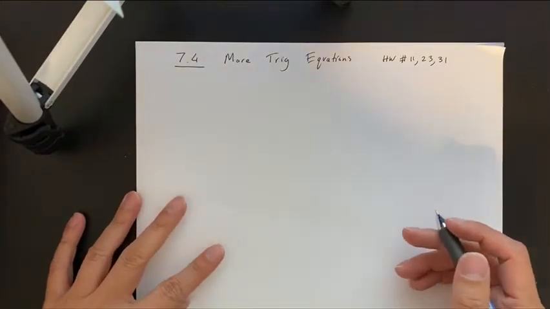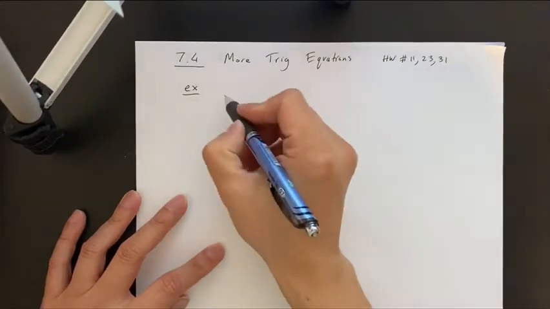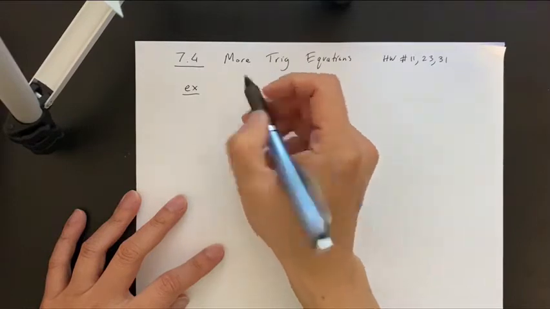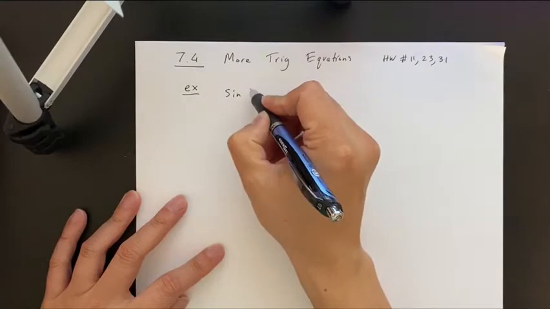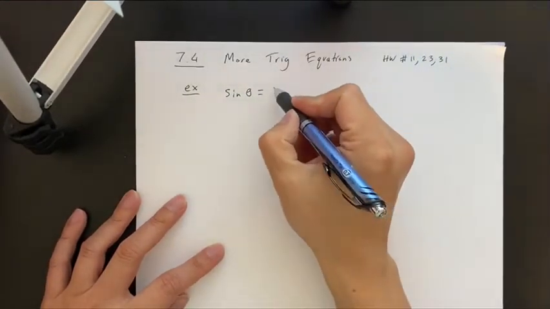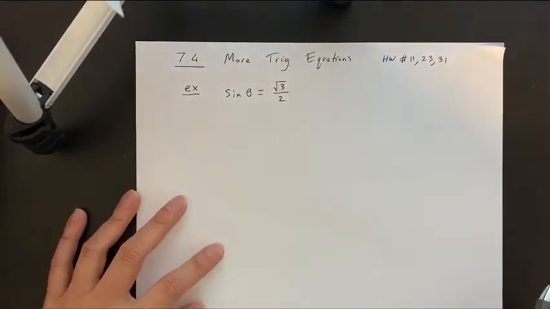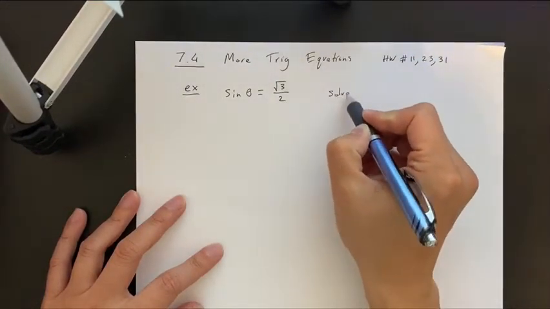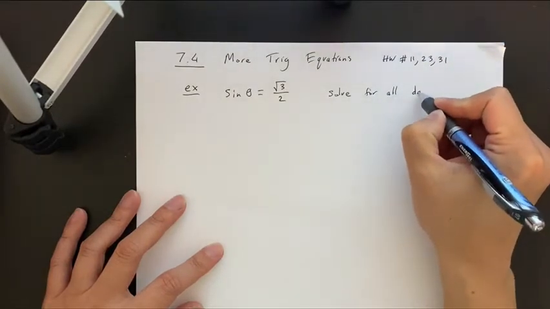Okay, so let's start with our very first basic example. I'm going to solve for sine of theta, and I want to figure out what angle would give me root 3 over 2, and simply solve for all degree solutions.